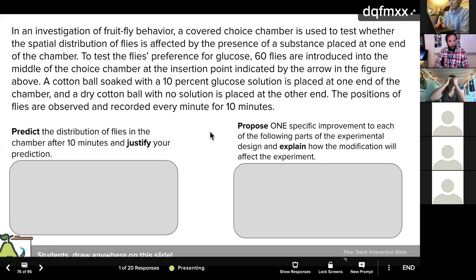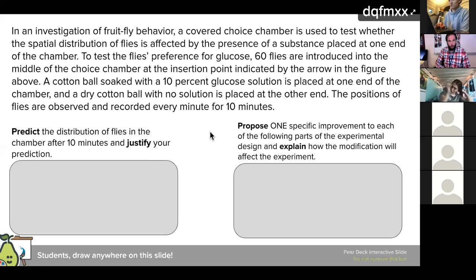If you'd like to type something in the box, you're welcome to, but we'll use this as a practice problem to go through together.